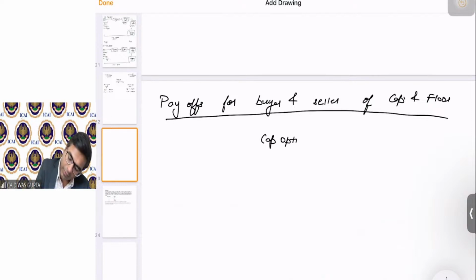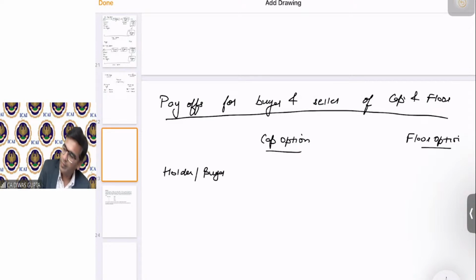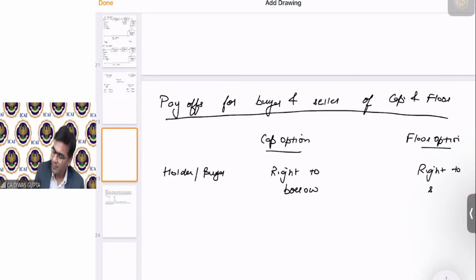Cap option, floor option. So the holder slash buyer is having a right to borrow here, and here he's having a right to invest.